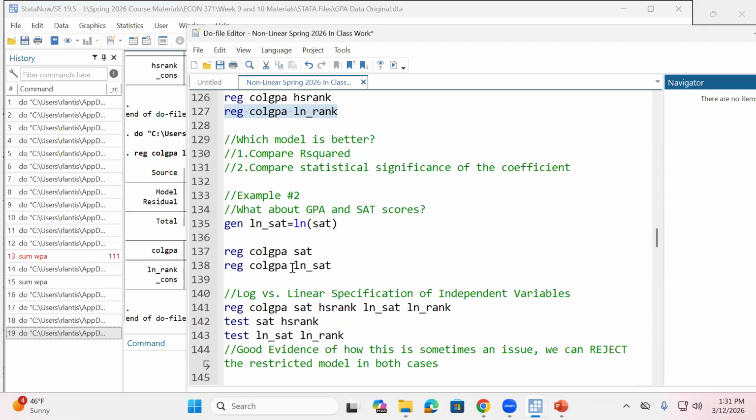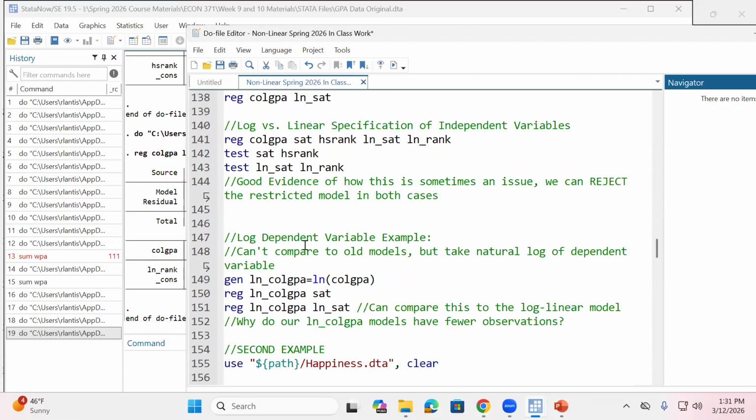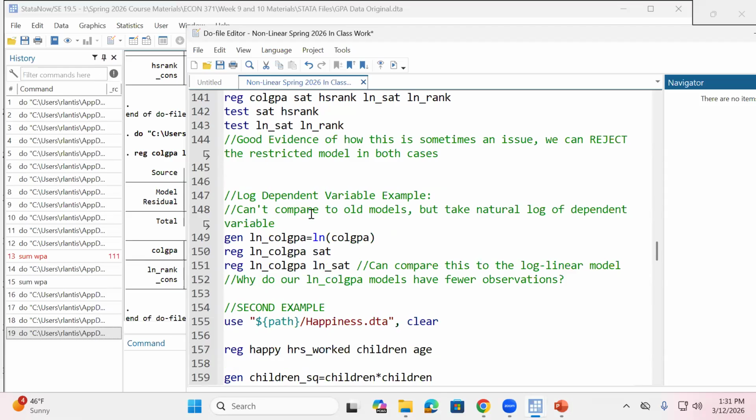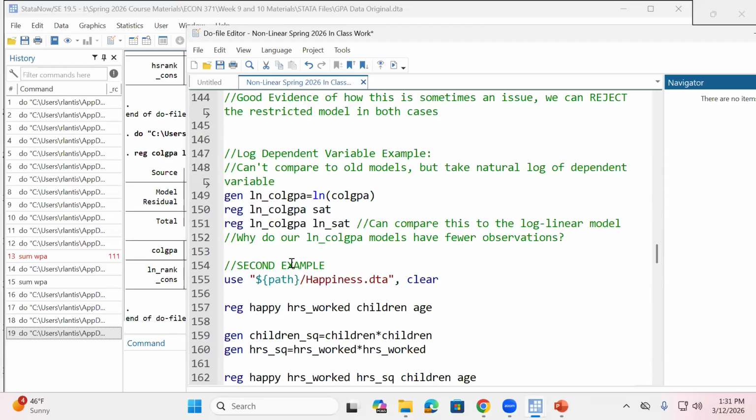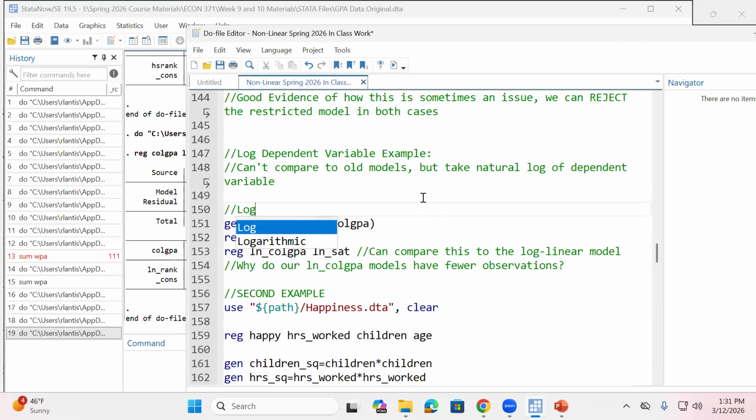So I had another example where we looked at a linear log model, but now let's think about, I'm going to scroll down a little bit. What if I want to look at, oh, here we go. I want to have a log linear model, right? So I don't want a linear log model.